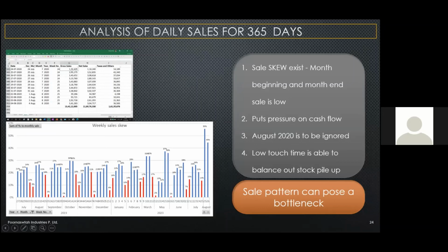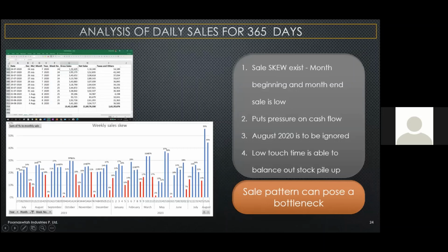Month beginning and month end sale is low. It definitely puts pressure on the cash flow, but the low touch time of 24 hours of processing balances out the stock pile up. So sales pattern can pose a bottleneck? Yes, definitely, but I don't think so. It is fairly flat during the month. Let's keep it in the parked zone.